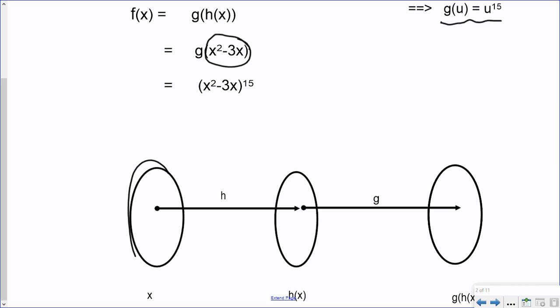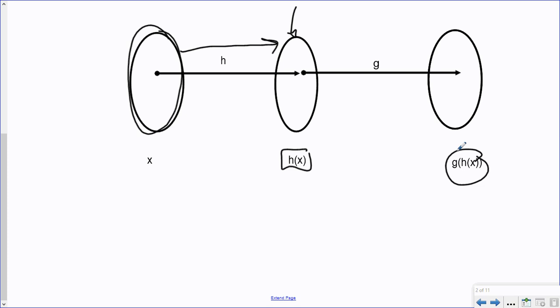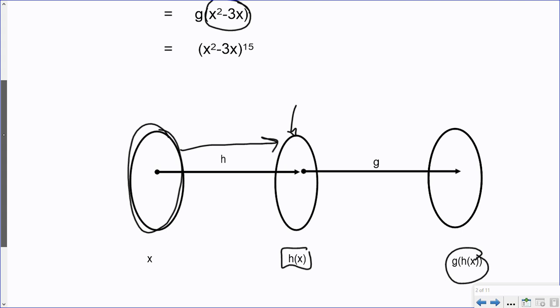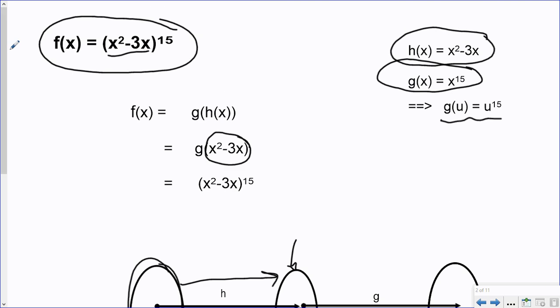On mapping notation, this is kind of how it looks. We take our values of x, we put them through h first, and then we get h at x, and then we take these values and we put them through g, and then we get g at h at x. Now this is complicated for students, especially since the process is easy. I think we pretty much understand that this function, x squared minus 3x raised to the power of 15, what it does, what it looks like, and how to work with it, right?